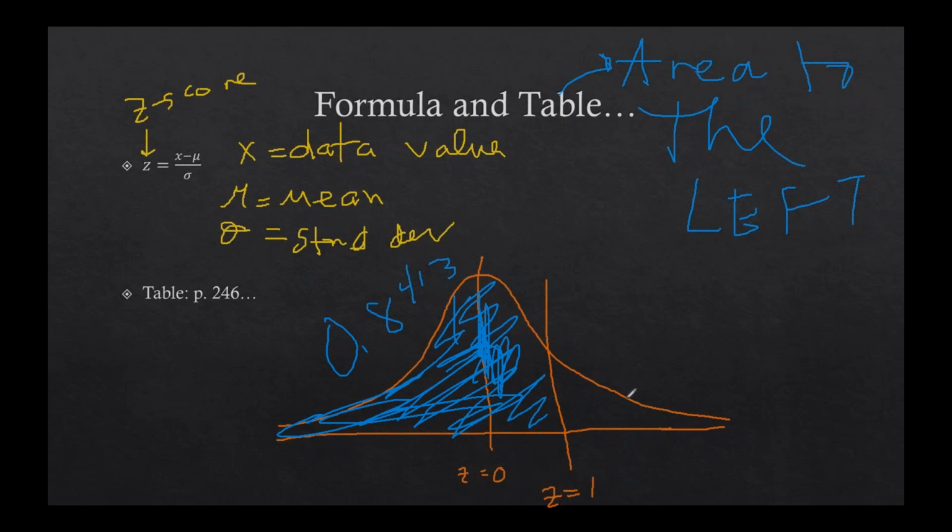Now, I want to ask you one more question. Now that I have 0.8413 written down, I no longer need my table for the next question, because I want to know the probability of greater than a z-score of 1. How do I find the gray shaded region from the information I have?